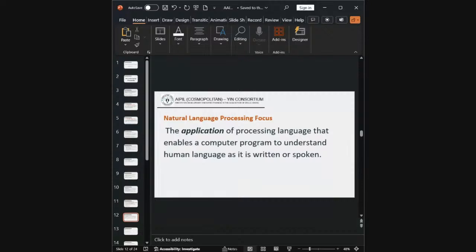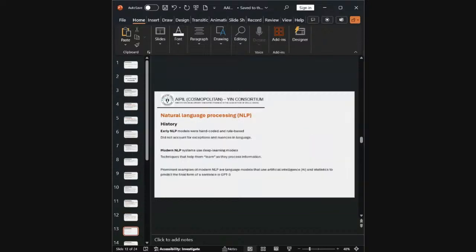And that is where we are going. Let us see how this application will play out for us as we study natural language processing. Okay, now look at it. Let us have a history of natural language processing, just a small history of it.